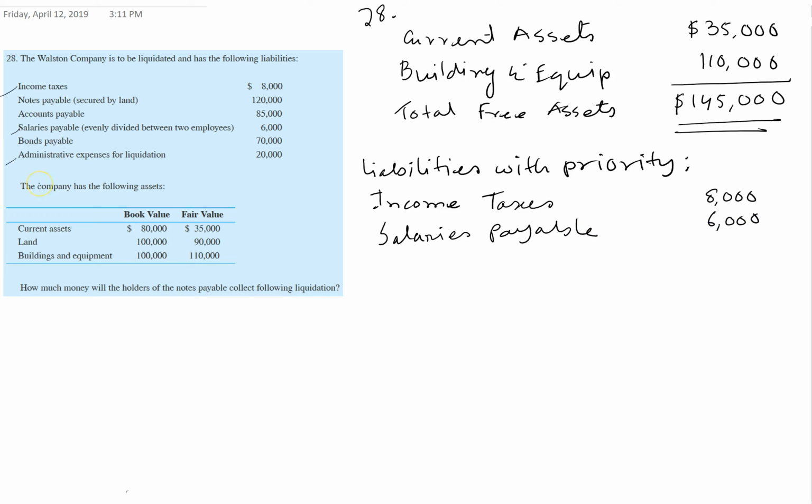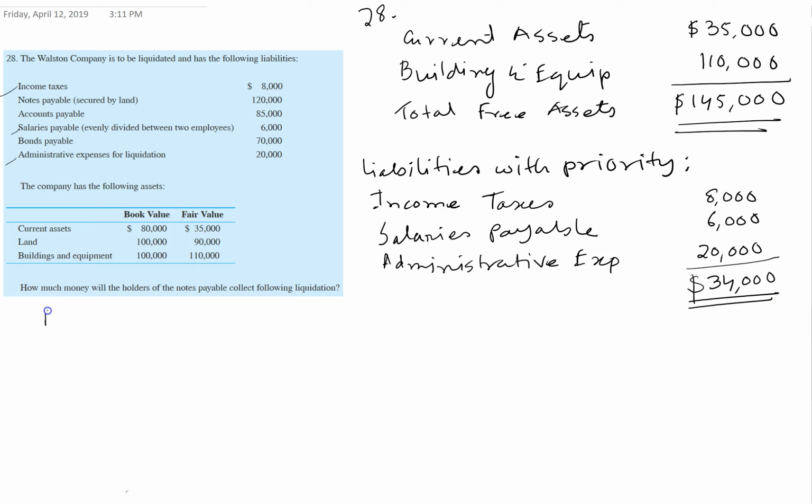And then we have administrative expenses for liquidation, so we'll also pay that one, which is $20,000. These liabilities you must pay first. If you add all that, 8, 6 and 20, it is actually $34,000.